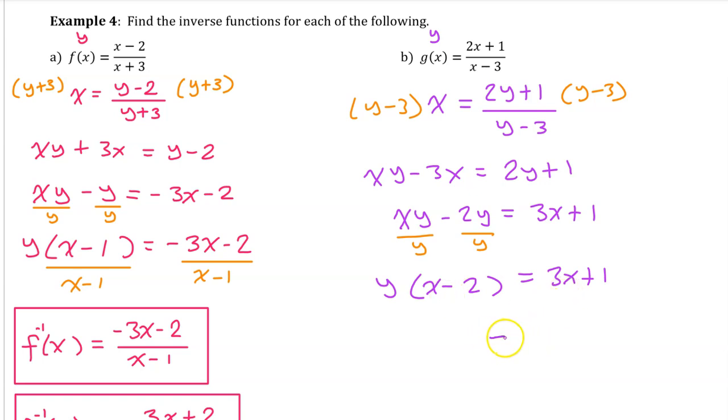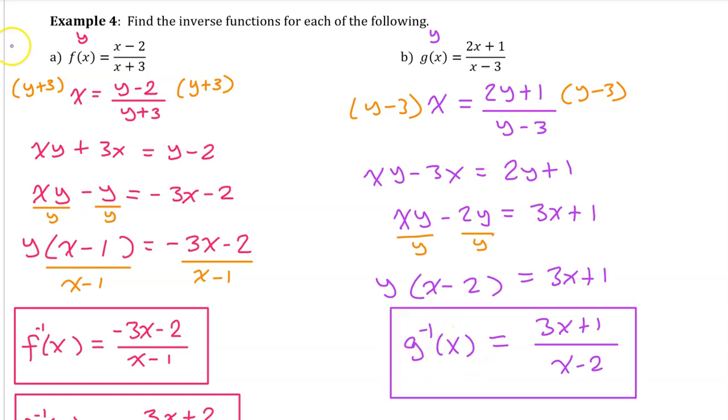So on the right side of the equation, I'm going to have 3x plus 1 over x minus 2. Since this is the final answer, instead of writing y, I'm going to write g inverse, because that's the proper notation. So that's how you find the inverse of a rational function.